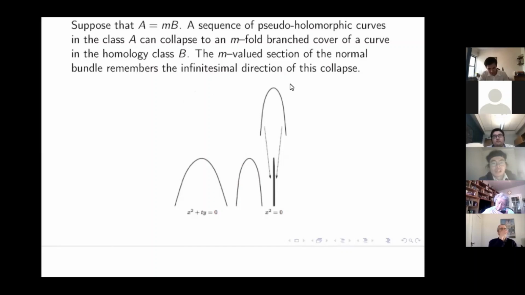Before the collapse, I could look at the normal bundle of this limiting curve, and I would have 2 points over each point of the limiting curve. That gives me a two-valued section of the normal bundle.